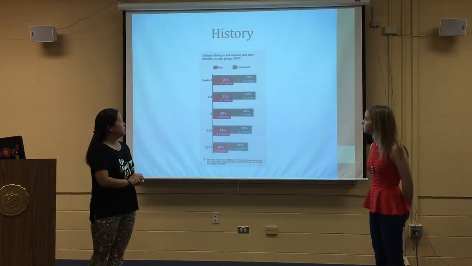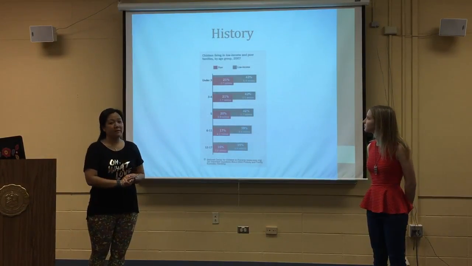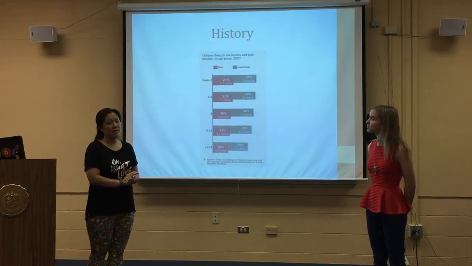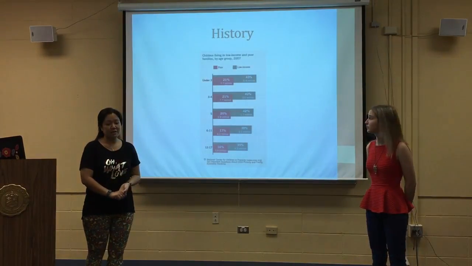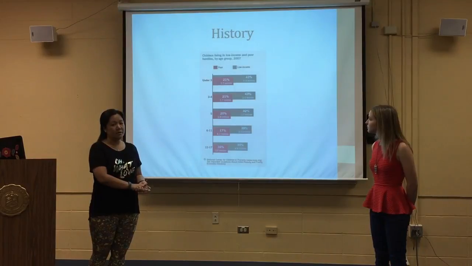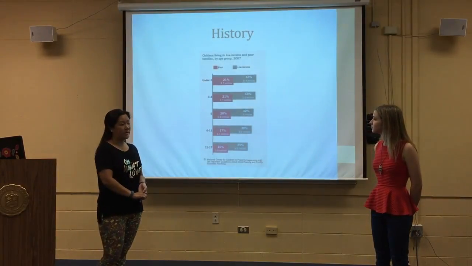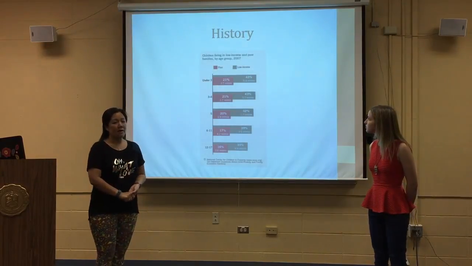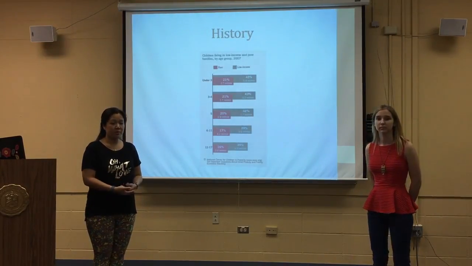This chart shows you the children living in low income and poor families. The numbers on the left are the children's ages, and on the right they're denoted by colors, the poor family percentage and the low income family percentage. The low income families earn a little bit more than poor families do.